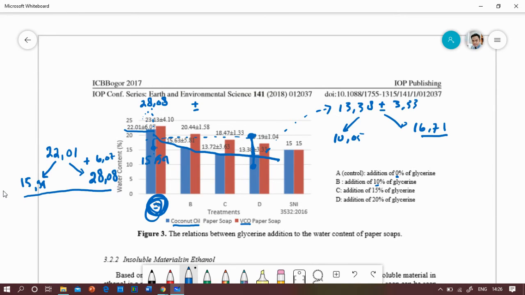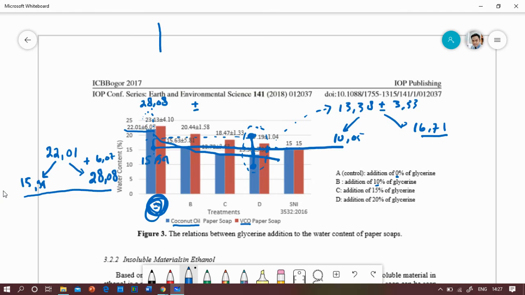So if you go here, it overlaps with the value of this. So it can be a straight line graph because it's overlapping. Because of this, we cannot conclude that there is a decreasing trend, because using the uncertainty of the measurement, using the error of the measurement, the range of the value overlaps.